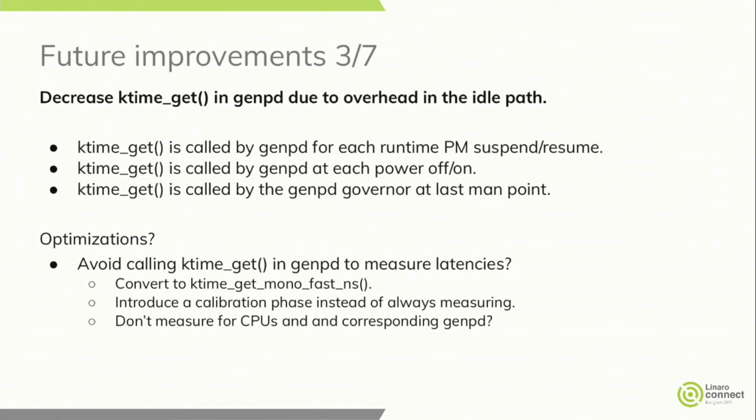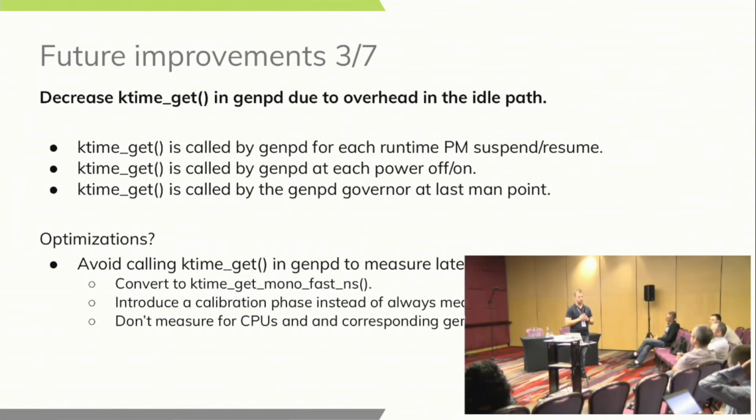I've been considering a long time ago that maybe we should have a calibration phase, so that when you do this calibration, you then turn off these things. Is there no flag to say I want this auto calibration? It's always on. Maybe we should be able to disable it for the device. Another thing we did in the runtime PM core recently is that we converted to HR timers for something similar.